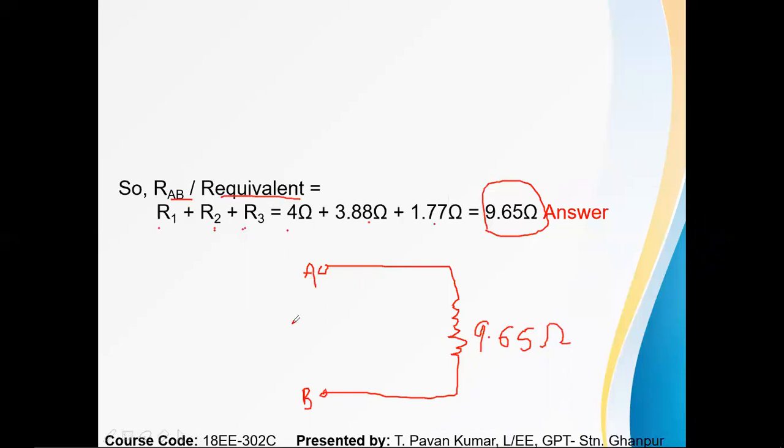So the resistance is nothing but R suffix AB. Some books prefer R AB or R equivalent. Both are the same. You can write either R suffix AB or R suffix EQ, where EQ means equivalent.